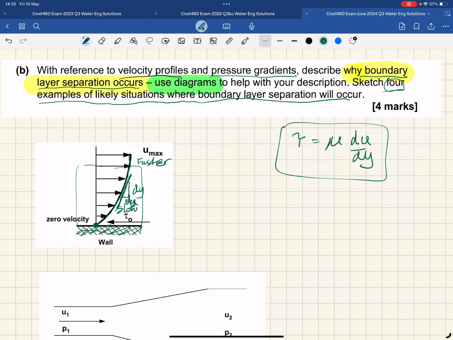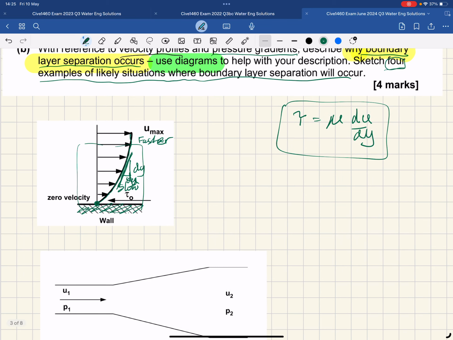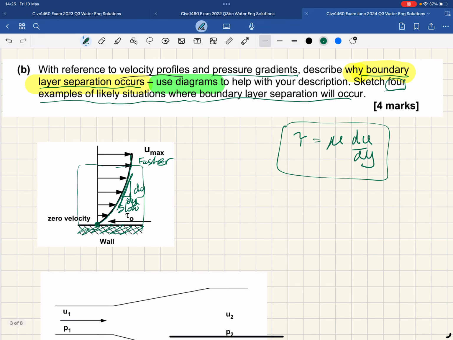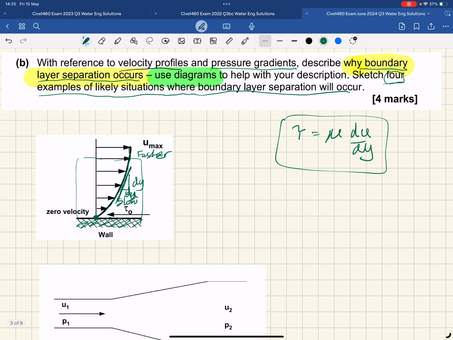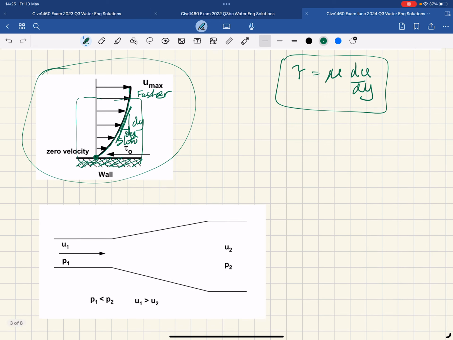It's not so important in this description, but in similar description questions it is. So, why does boundary layer separation occur? Fundamentally it's because of this interaction with the boundary.